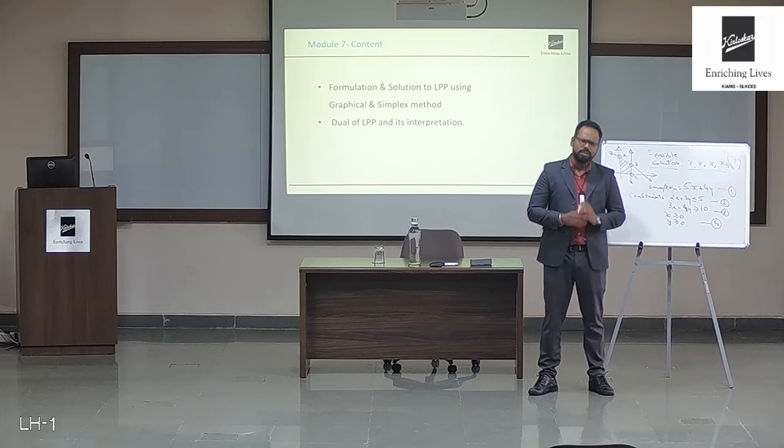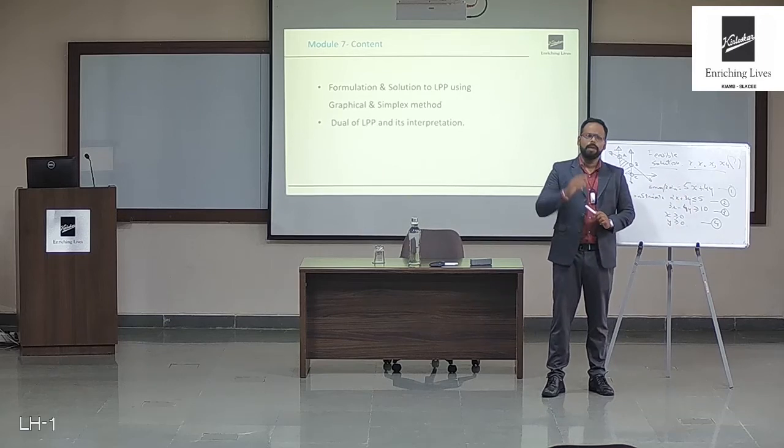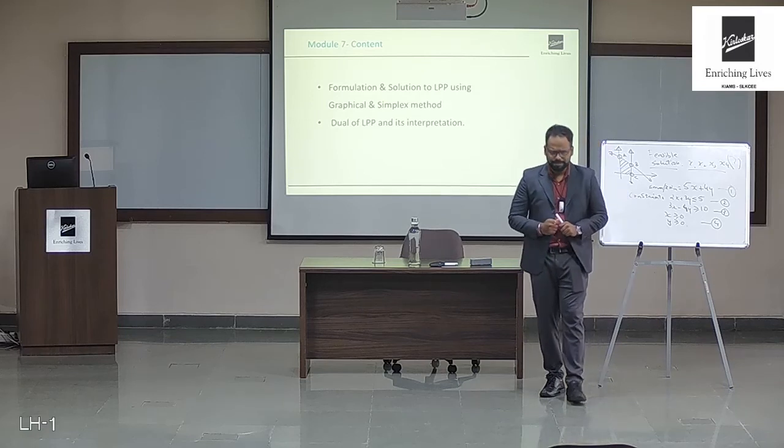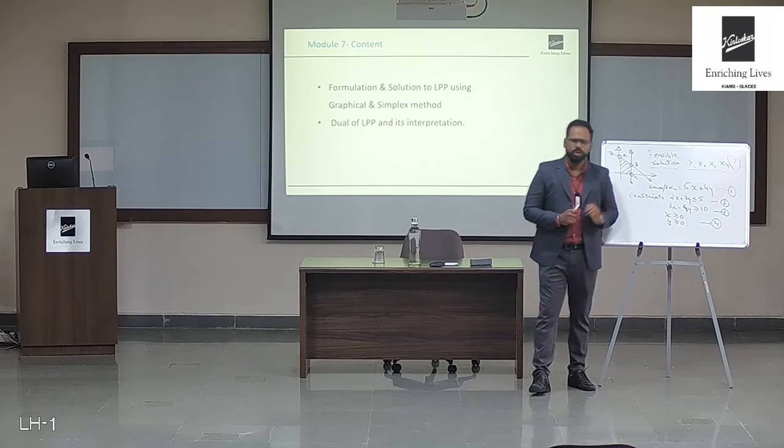So the solutions are similar to finding the values of x and y, the same thing, but we'll be using the method called the simplex method. So that is the second part of the unit which we'll be seeing.